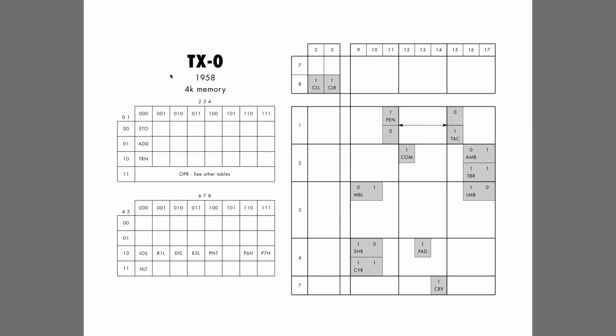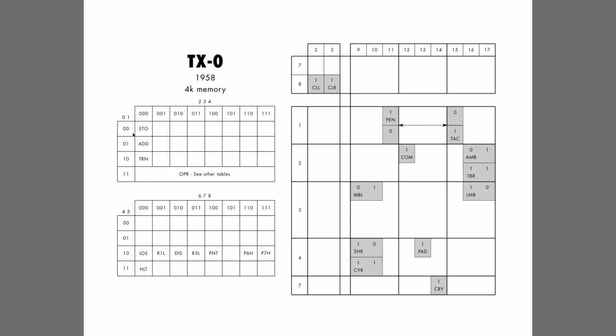It says 1958 here, but the only real difference between 1956 and 58 is that the original 64K memory was removed because it was to be used on the TX2 and replaced with the smaller 4K memory, which was later expanded to 8K. So let's take a look at the tables.